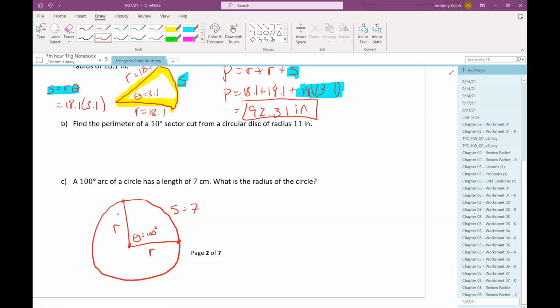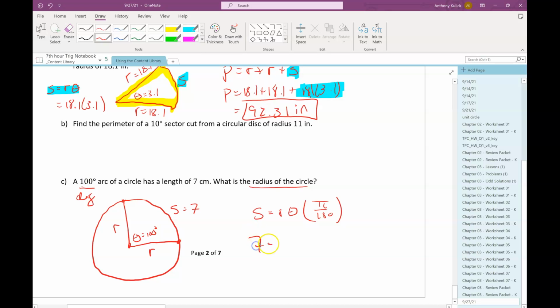So it's asking to find R. So I know S is equal to R theta times pi over 180, since it's the degrees version. Okay with that?